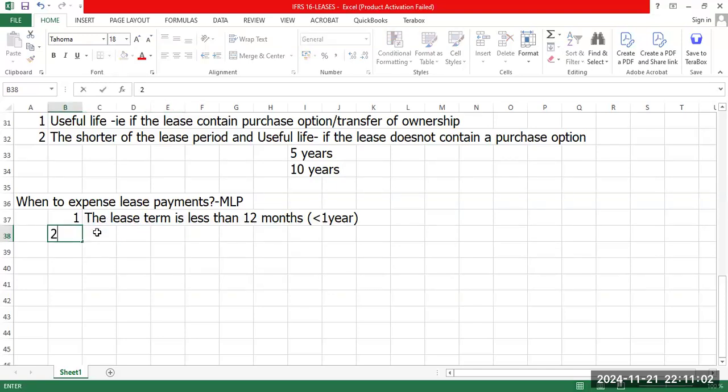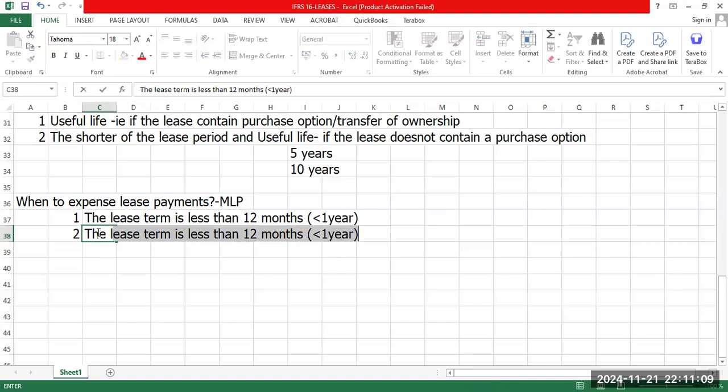Number two, if the lease is for a minor asset, such as furniture and fittings, talk about computers, among others.